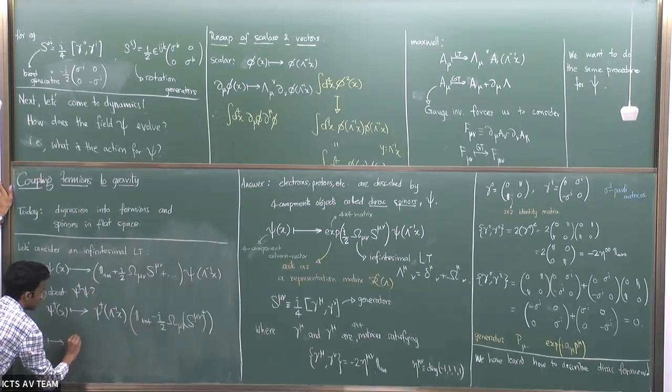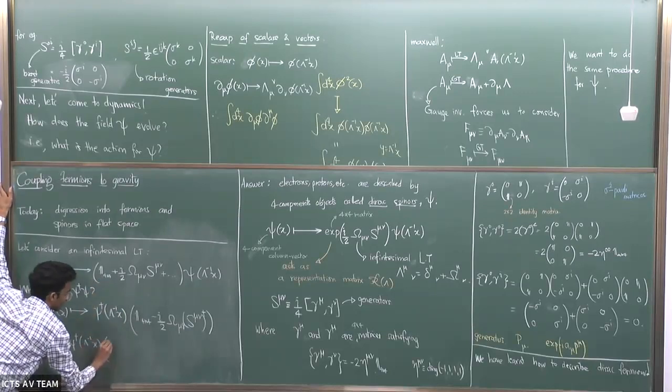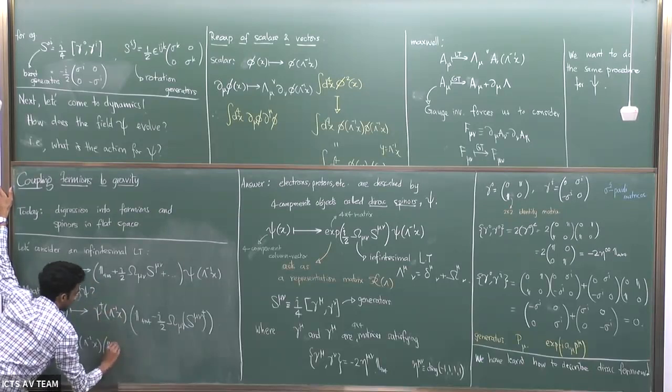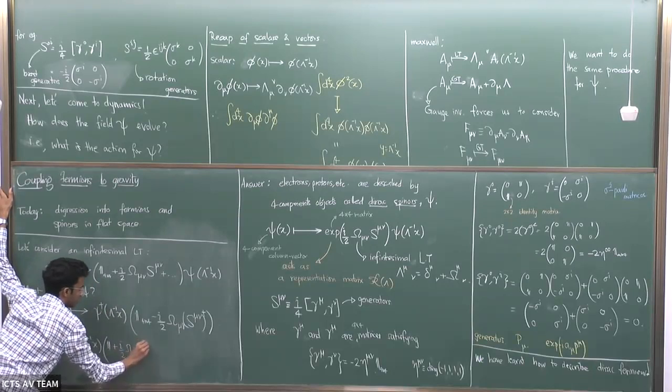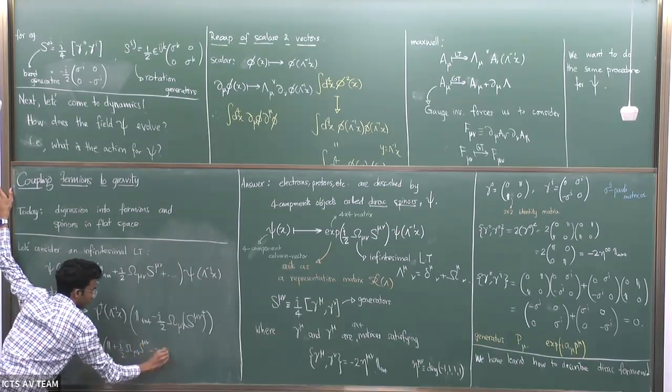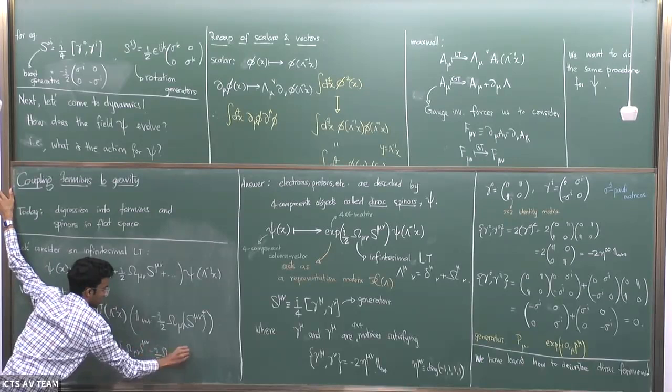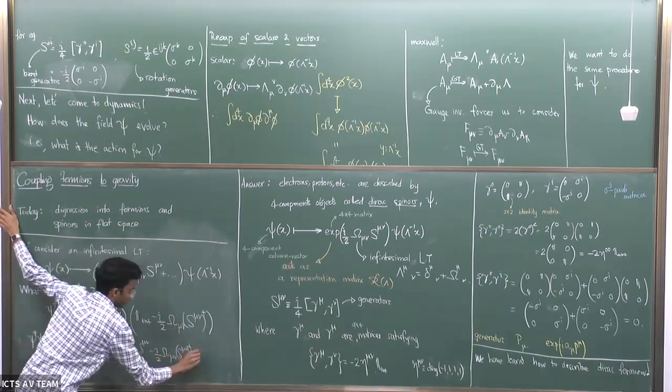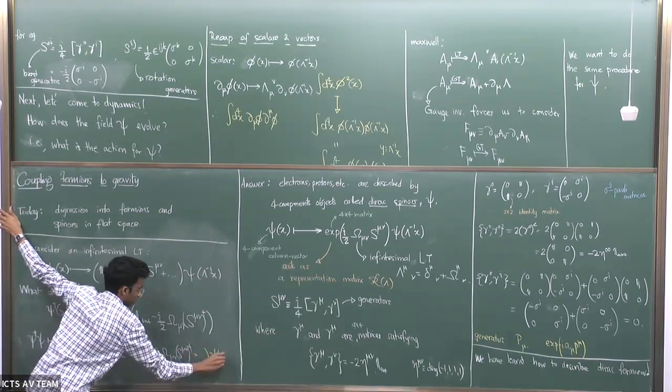So there will be a psi dagger lambda inverse x, identity plus half omega mu nu S mu nu minus half omega mu nu S mu nu dagger plus dot dot, psi lambda inverse x.